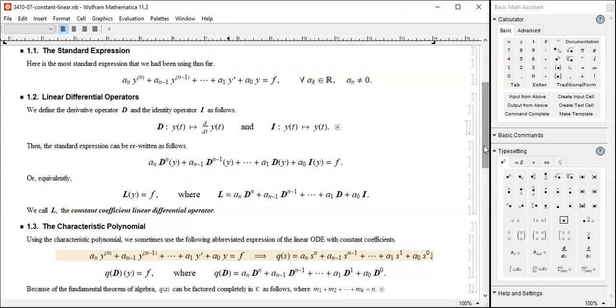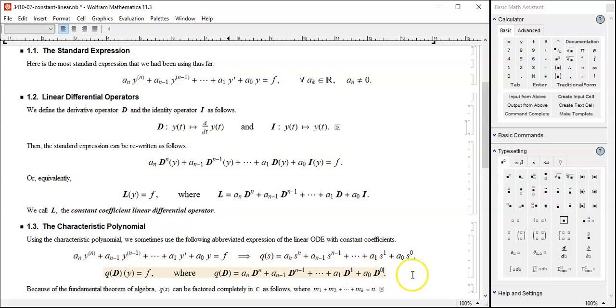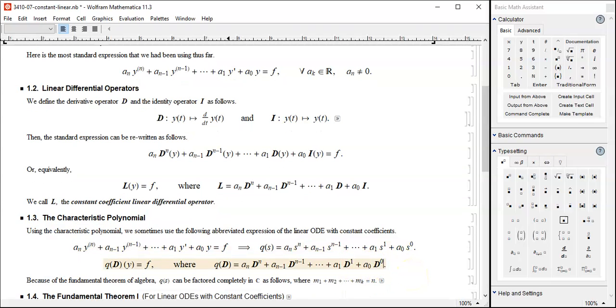The polynomial Q of s, given by a_n s to the nth power plus a_(n-1) s to the (n-1)th power, and so on and so forth. Now, this is equivalent to the latter form down here, which is obtained by replacing s with D. Then what did I get?